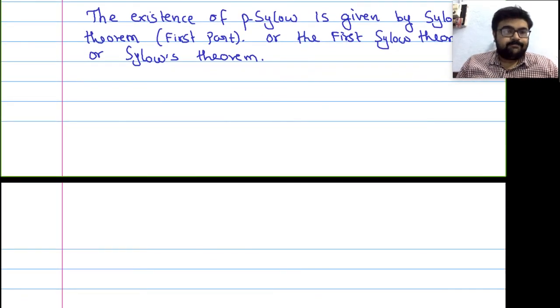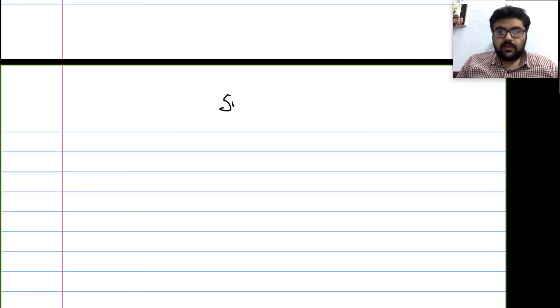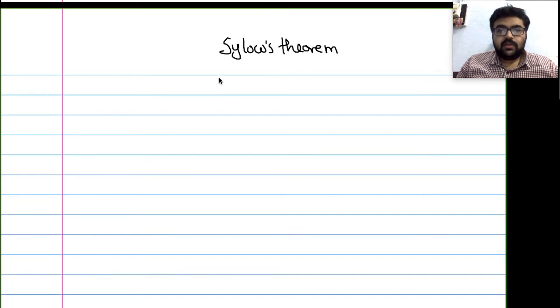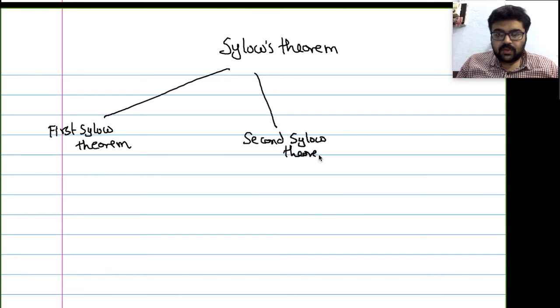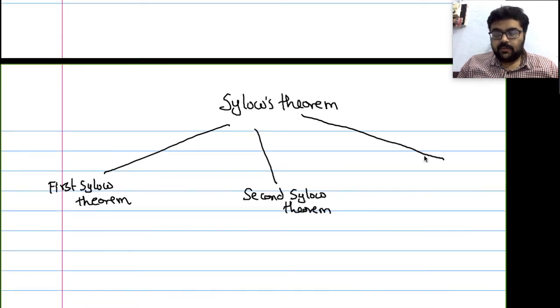Let me write on a new page. Sylow's theorems: there are three parts. There is the first Sylow theorem, or first part of Sylow's theorem. There is the second Sylow theorem, or second part, and the third part, or third Sylow theorem.